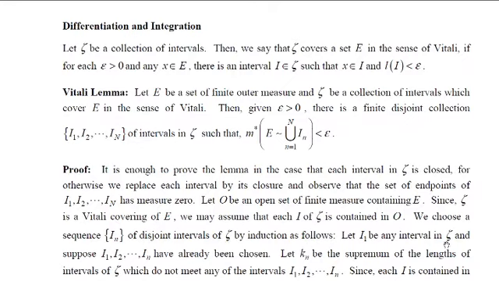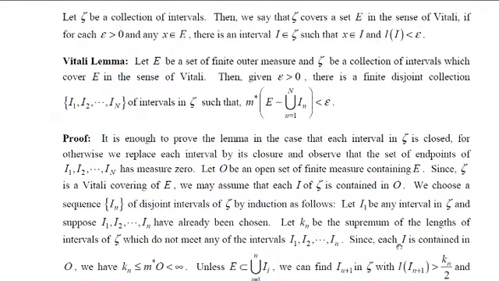Let us assume I1 is an interval in zeta, and suppose these intervals I1, I2, etc. up to In are already chosen. Then we can choose other intervals, those intervals which do not meet any of these, and for them the supremum of the lengths will be Kn. And remember, each interval of zeta is present in O.